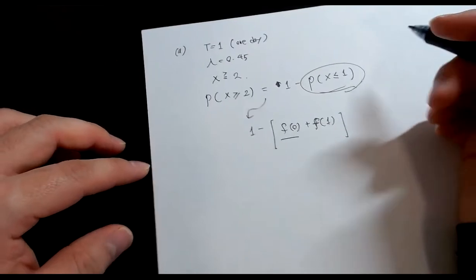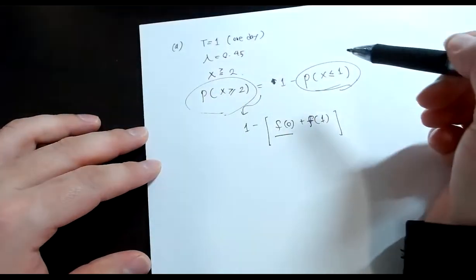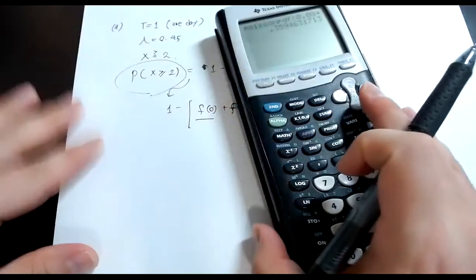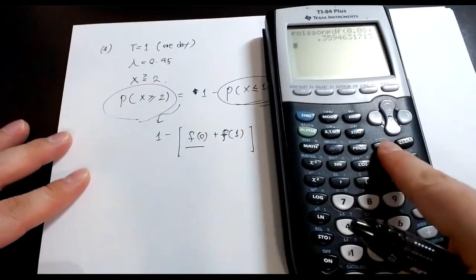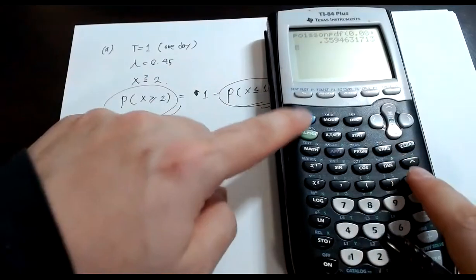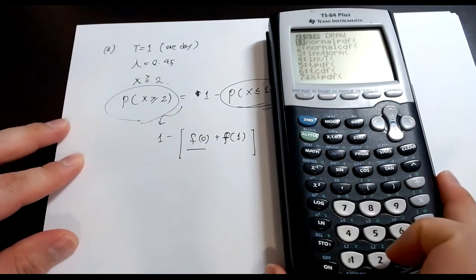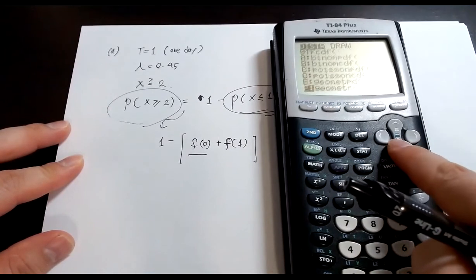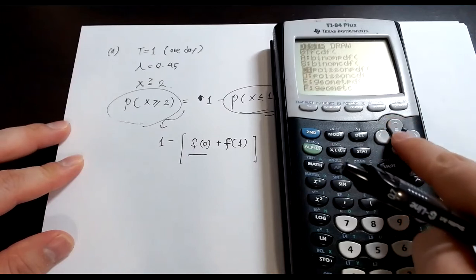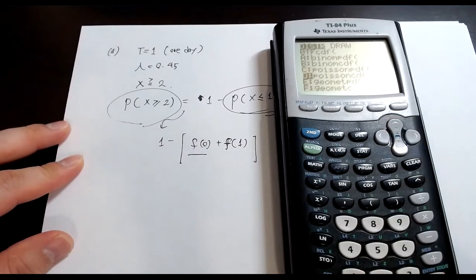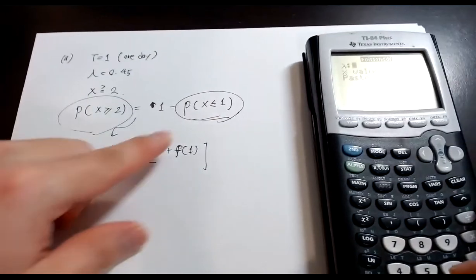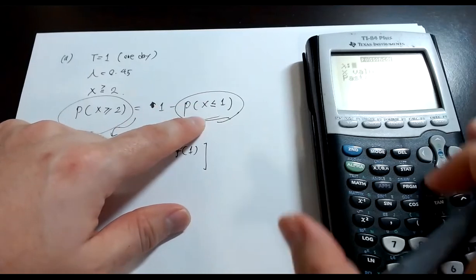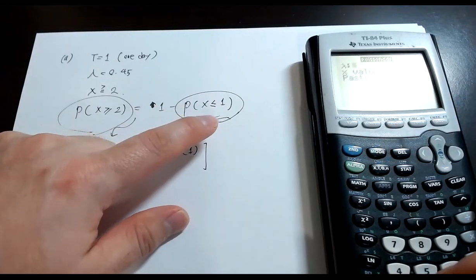But let me use the calculator to figure out the probability that x is greater than or equal to 2 using the Poisson CDF. We go to the distribution, and we use Poisson CDF. Why do we use CDF? Because the CDF gives the probability x is less than or equal to 1. I'm going to figure out this probability using the calculator and then subtract that number from 1.